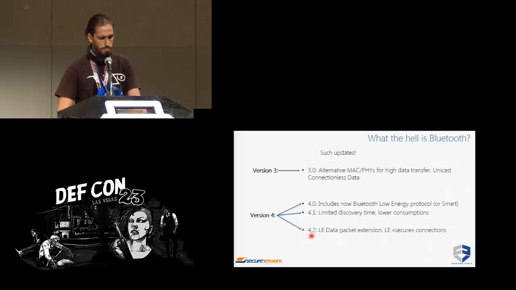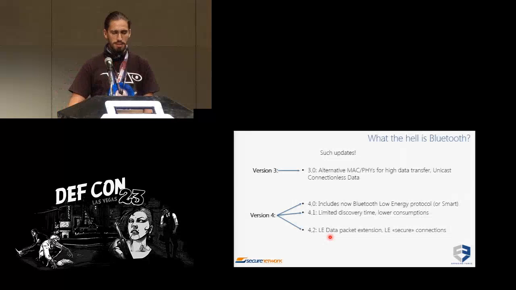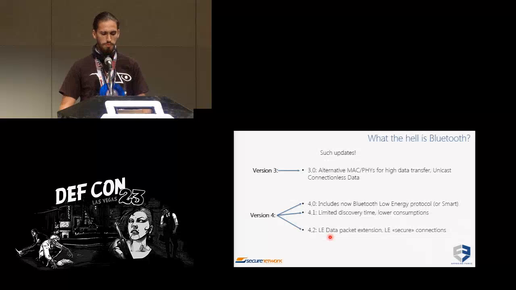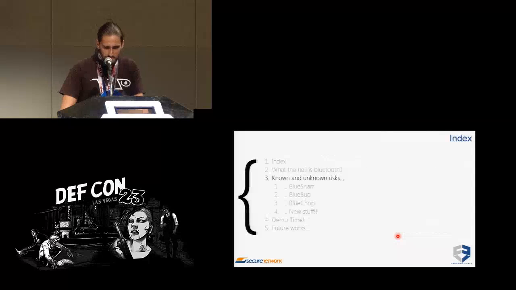From version 4.2, the data packet of low energy has been extended from 22 to 27 bytes to be transferred. And we will speak about secure connections of low energy.